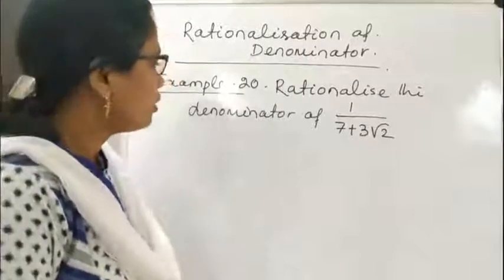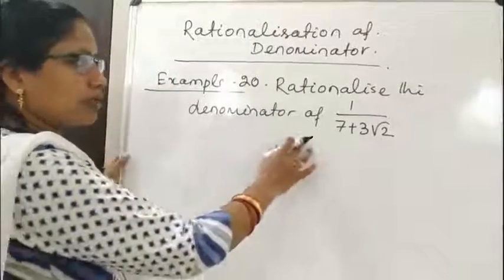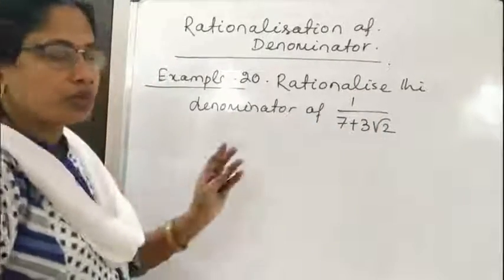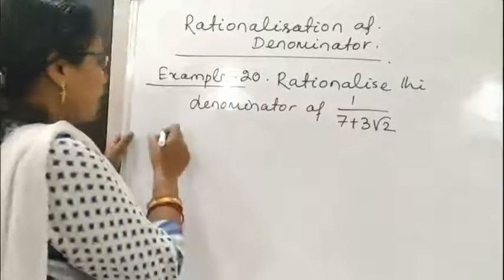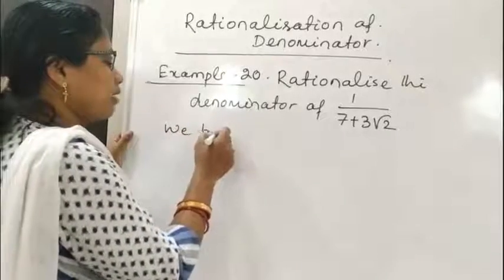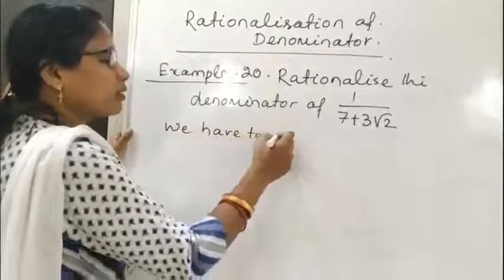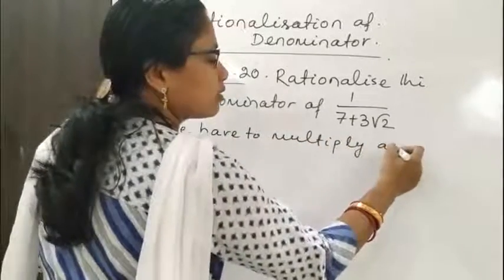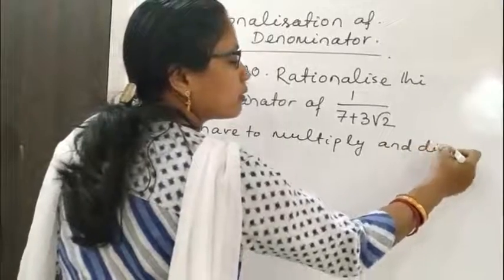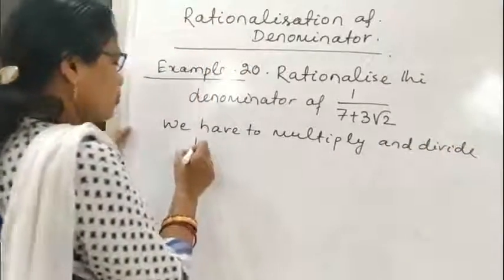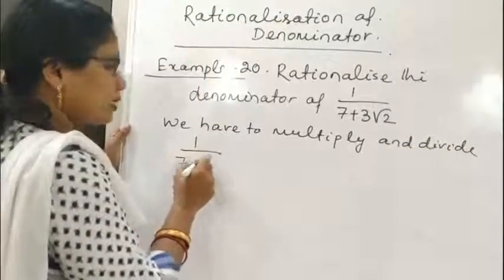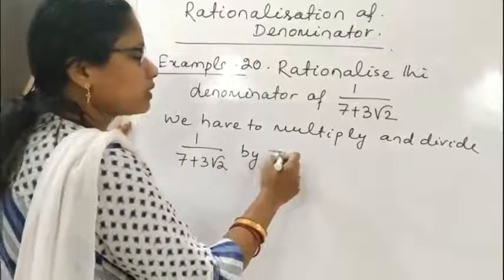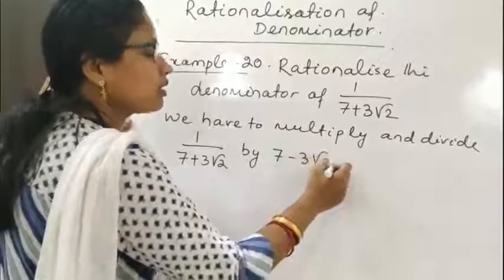Next example, rationalize the denominator of 1 by 7 plus 3 root 2. Here also we shall use the identity and we have to multiply and divide 1 by 7 plus 3 root 2 by 7 minus 3 root 2.